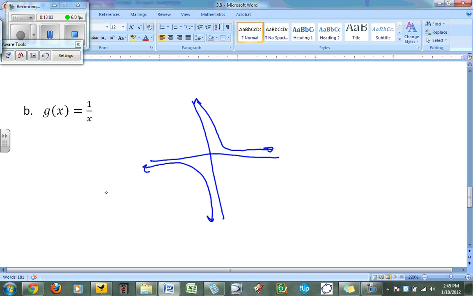So it's decreasing from negative infinity to 0. And then as we're going from left to right here, from 0 to positive infinity, it's also decreasing. And my computer's going crazy right now. So from 0 to infinity, it's also decreasing. And so it's decreasing in both cases in that one.